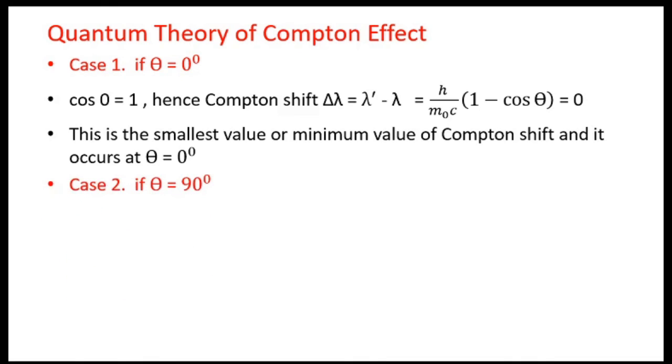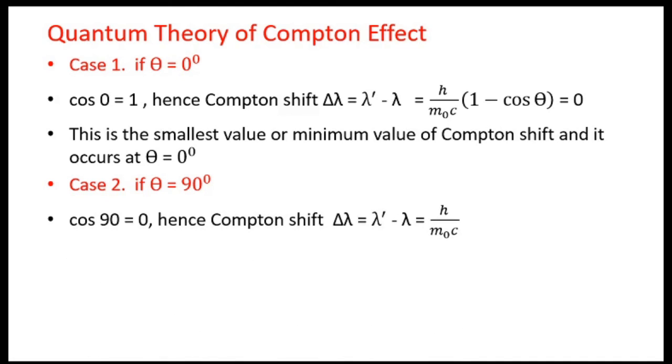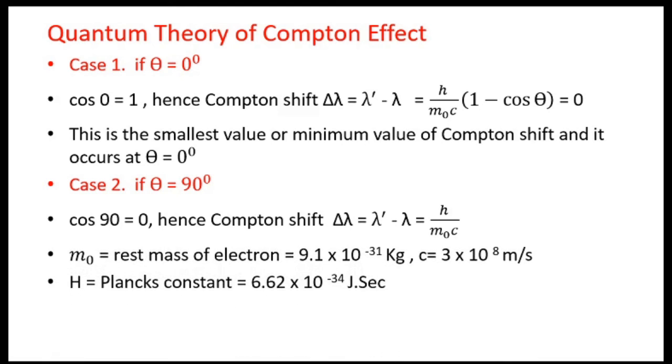Case 2: the incident X-ray photons are scattered at an angle of 90 degrees. In that case, cos 90 is equal to 0, hence the Compton shift is given by delta lambda equal to h upon m0 into c. Here, the rest mass of the electron is 9.1 into 10 raised to the power minus 31 kg, the speed of light is 3 into 10 raised to the power 8 meter per second, and Planck's constant h is 6.62 into 10 raised to the power minus 34 joule second.